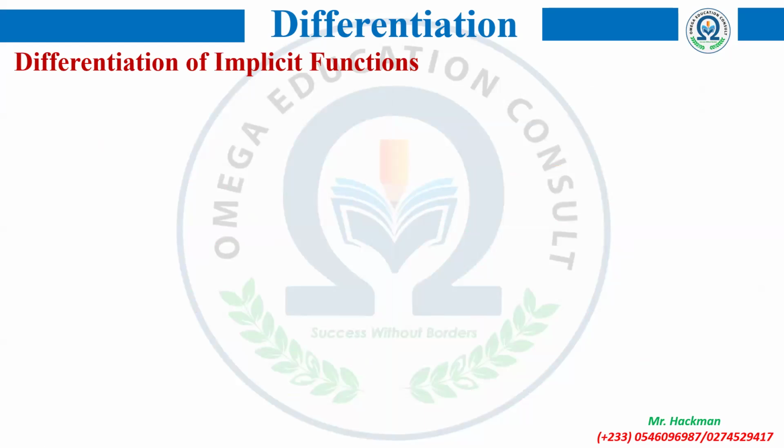You could be given functions where y is not directly made the subject. Whenever you encounter that situation, you have to make use of the technique for differentiating implicit functions. So explicit, we know how to deal with that, and we are going to look at implicit. Take note, anytime you have d/dx of x to the power n, this will give you what? What will be your result?